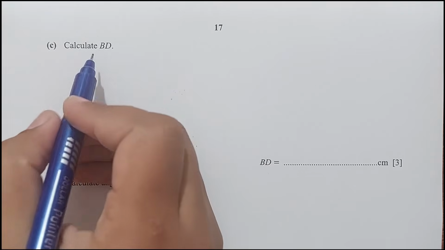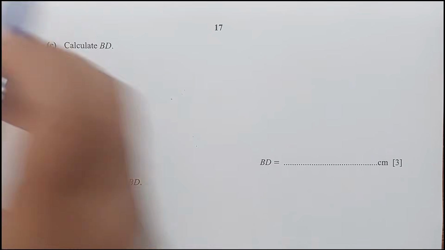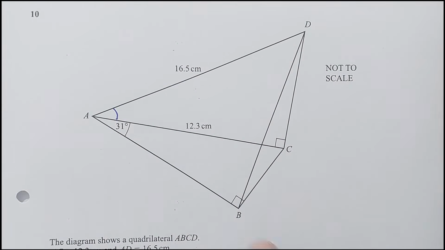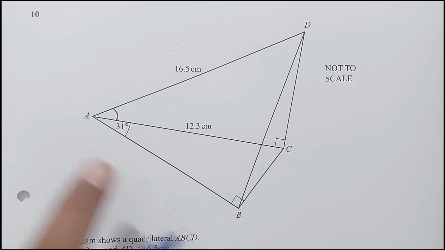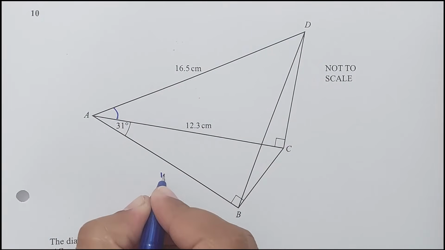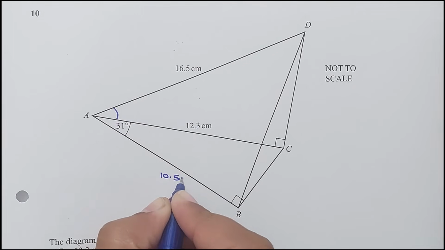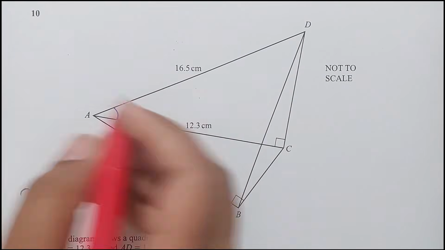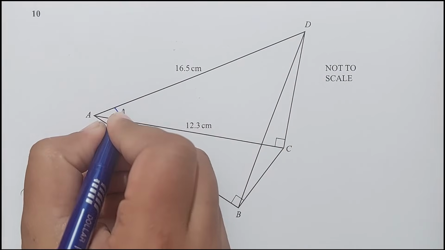Now for part C, calculate BD. So B to D, this is what we have to calculate. For this, considering the triangle ABD, we have AB from part A, which is 10.54, and we have AD, which is 16.5.